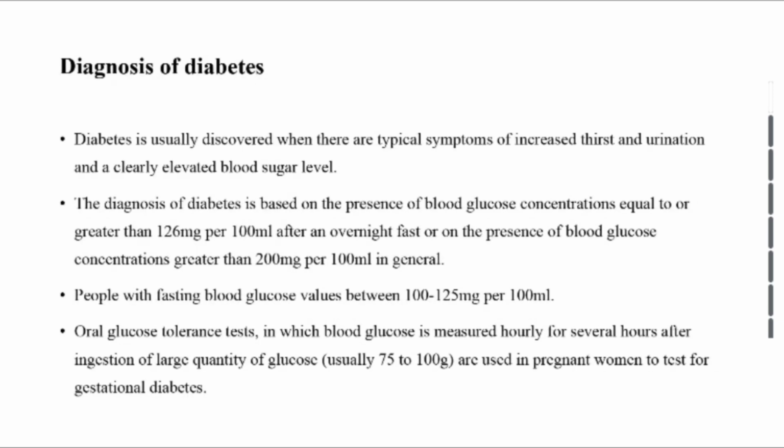When there is increased glucose level in the blood, it leads to type 2 diabetes mellitus, called non-insulin dependent diabetes mellitus, which occurs mostly in people above 40 years.